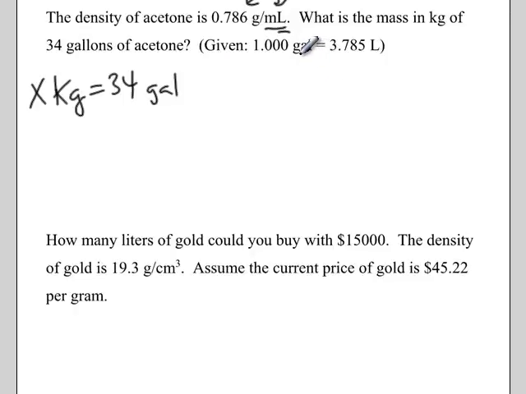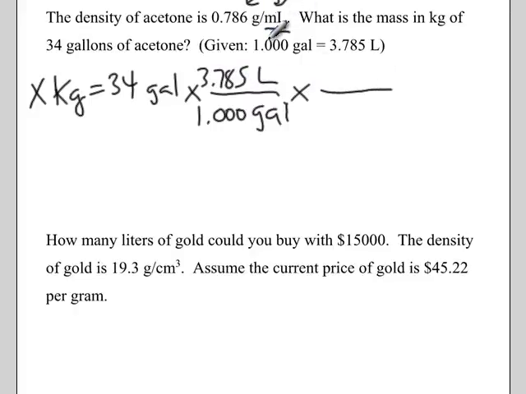Instead, we could turn our gallons into liters using the given conversion. 1 gallon is 3.785 liters. And now we want our volume in milliliters, so we're going to go using our table 2.2 knowledge.